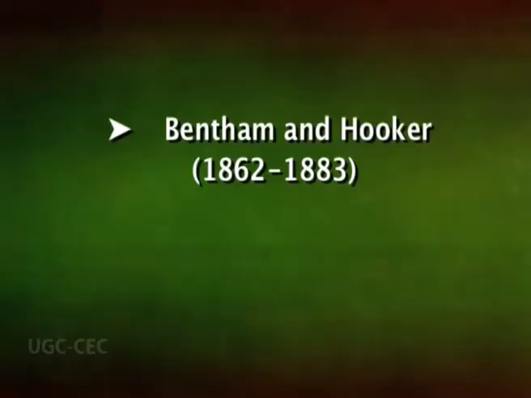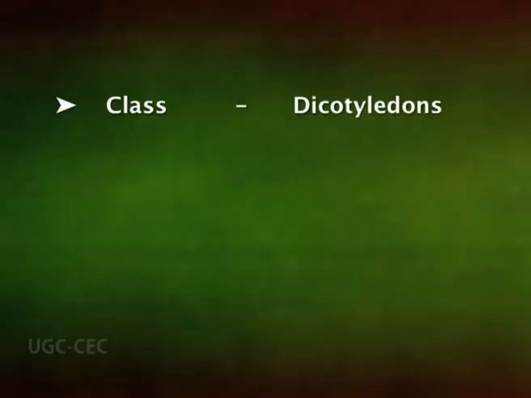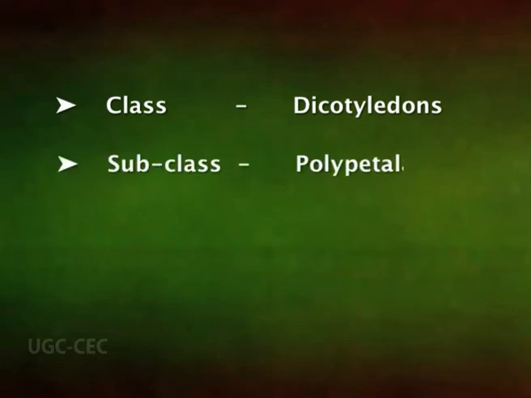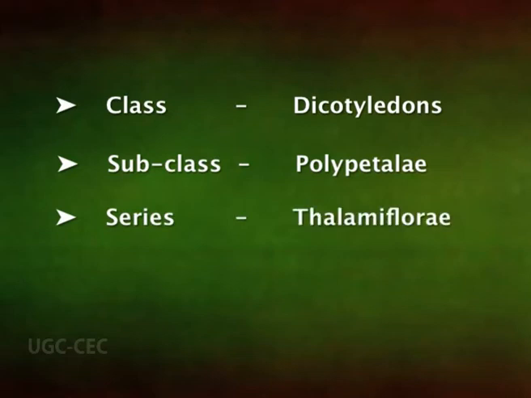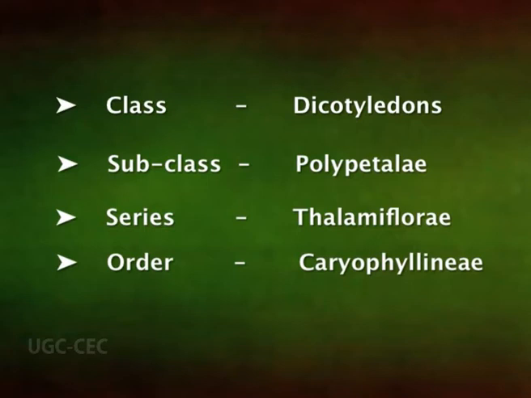Different taxonomists have classified the family differently, but some of the prominent ones are: number 1, Bentham and Hooker, the two British botanists, placed the family Caryophyllaceae in class Dicotyledons, subclass Polypetalae, series Thalamiflorae and order Caryophyllineae.